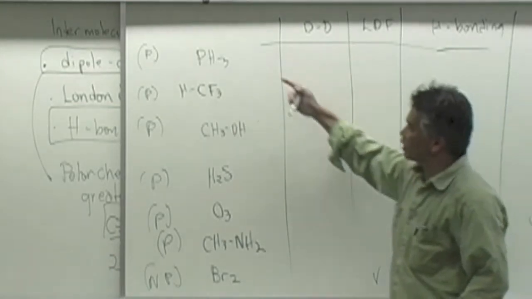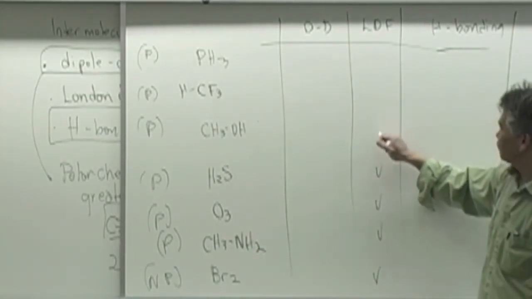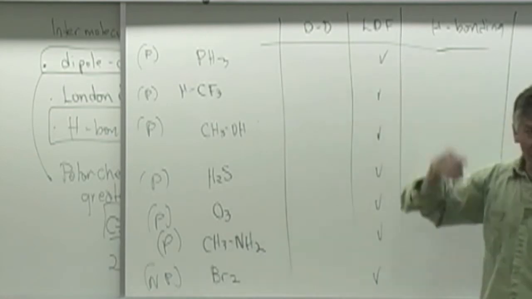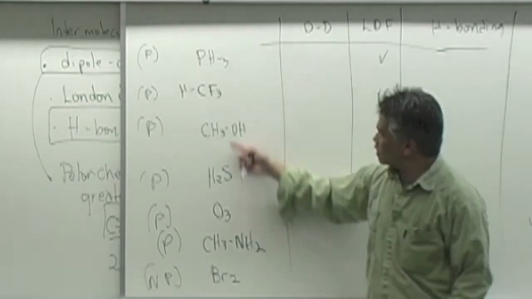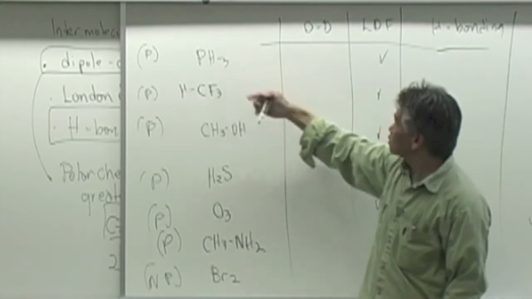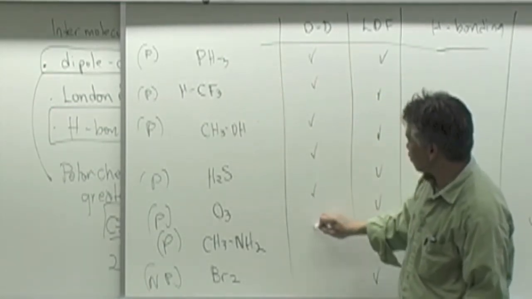Then the other thing you can do right away is, because all of these are chemicals and all of these have electrons, you want to check all of them. All of them will have London dispersion force. But for Br2, that's the only force you can check. We just said all of these were polar, so we can also check these off, because as long as they're polar, they will have dipole-dipole intermolecular force.